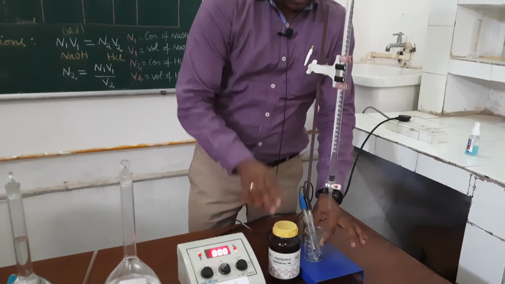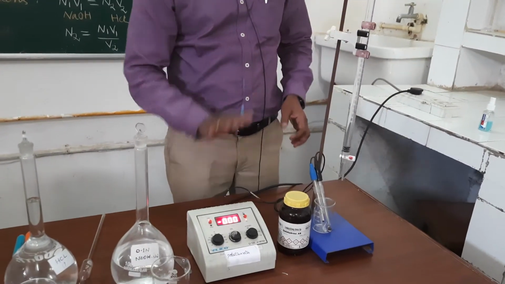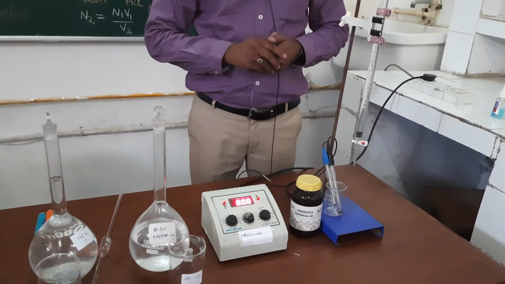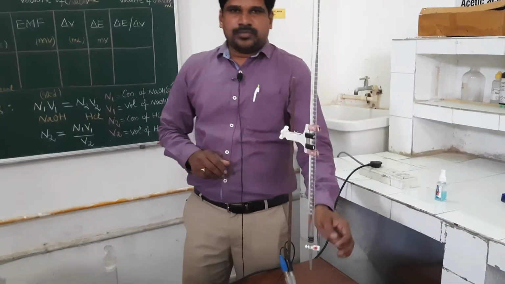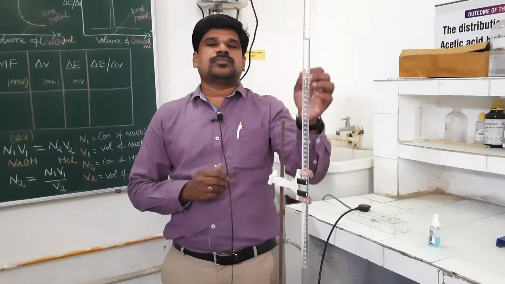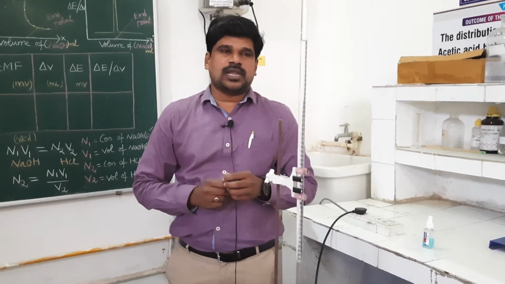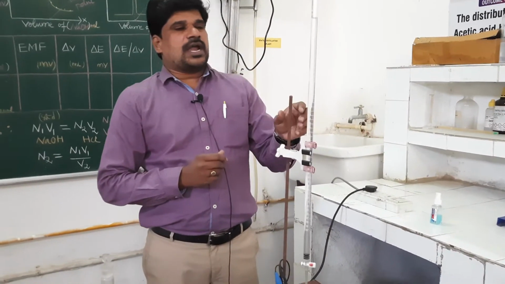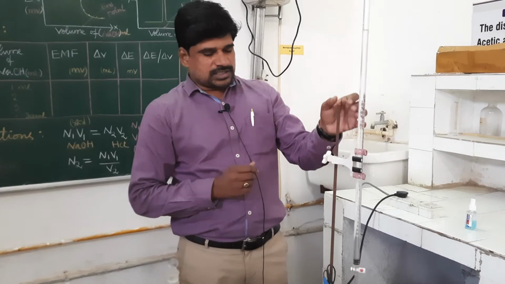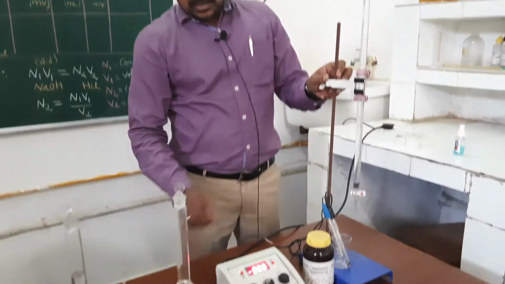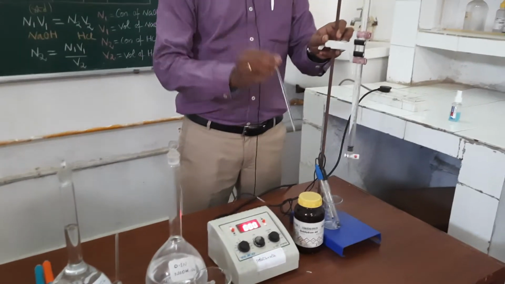Fix these two electrodes to the potentiometer and titrate the mixture with sodium hydroxide drop by drop. Every time we add 1 ml of sodium hydroxide into the beaker and mix it using the stirring rod.